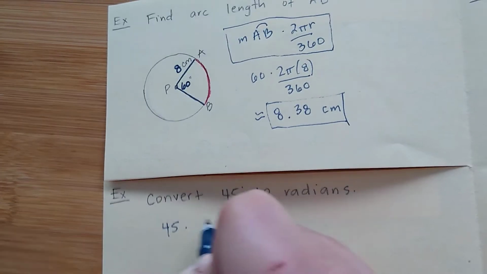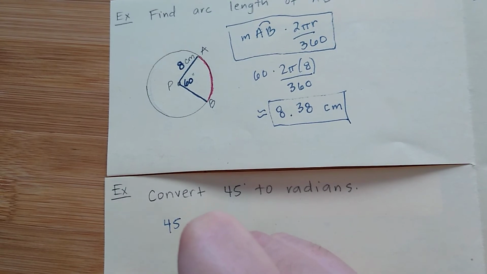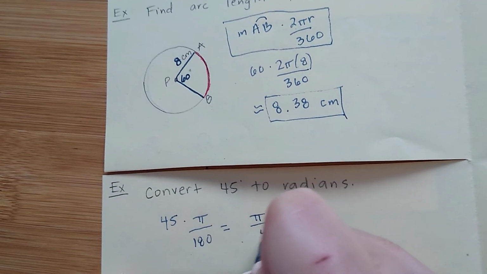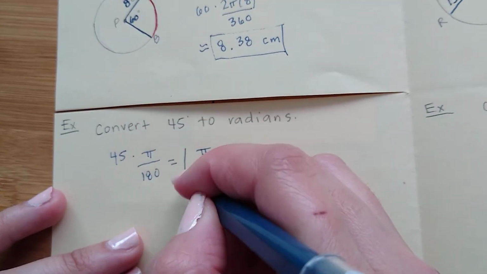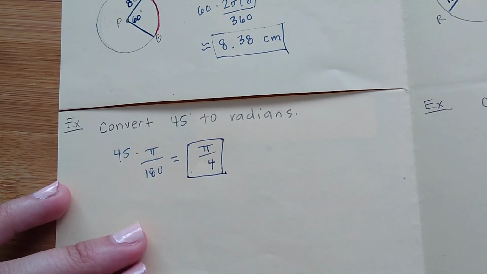So 45 times pi over 180 is going to equal pi over 4. And whenever we're working with radians, we're just going to leave them as they are. We're not going to try and have a simplified answer.